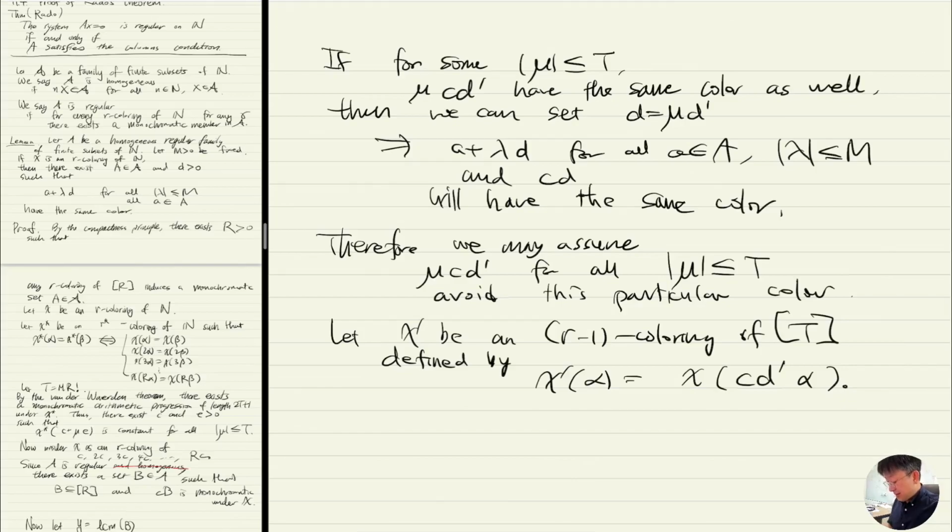And this is well defined, and it avoids one color because if I put alpha from 1 up to T, then cD prime times alpha will avoid that particular color, so the number of colors used is r minus 1.